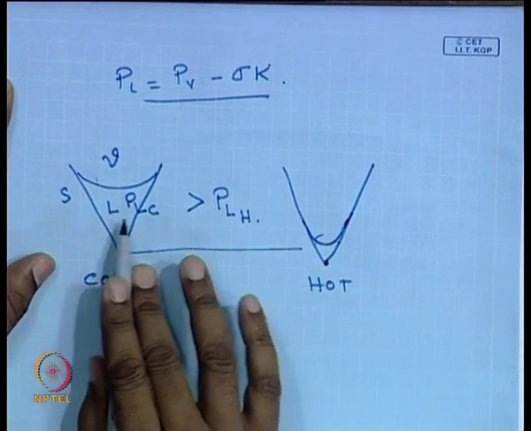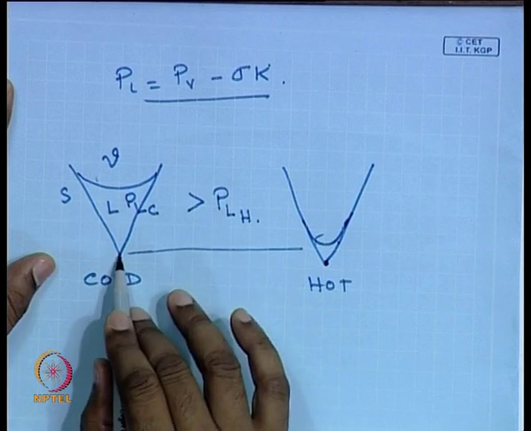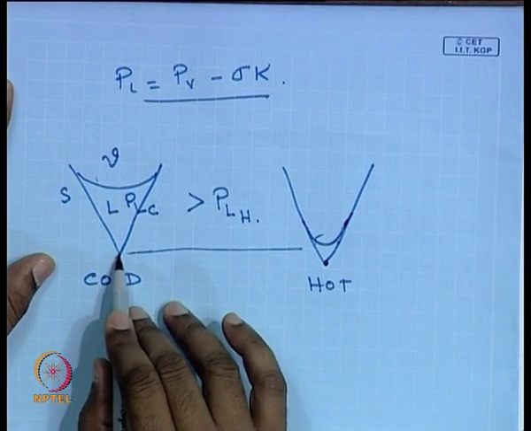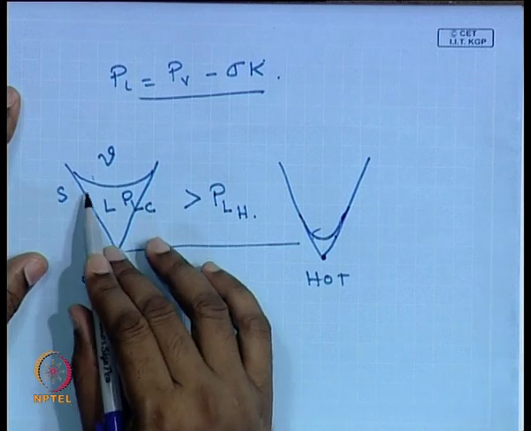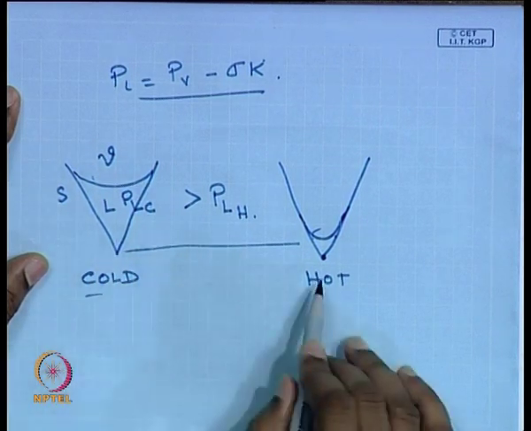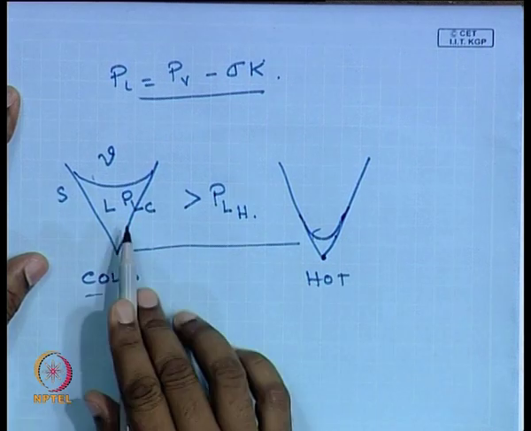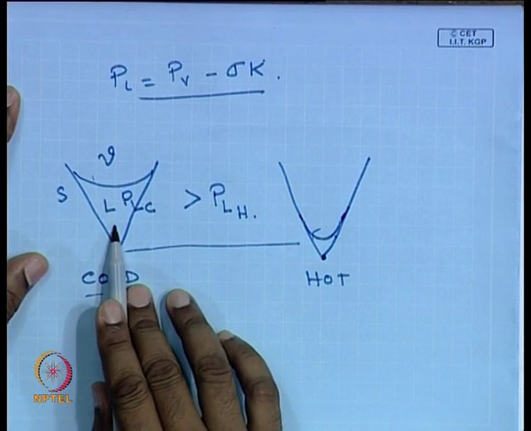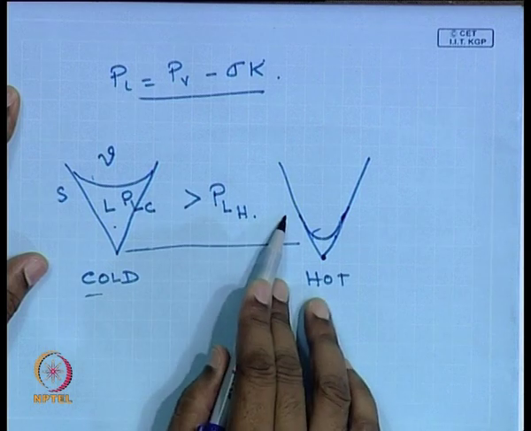So, this capillary pressure, which is generated by the geometry of the groove and the nature of the liquid meniscus inside the groove at the cold and the hot end, is the driving force for liquid flow from the cold side to the hot side.